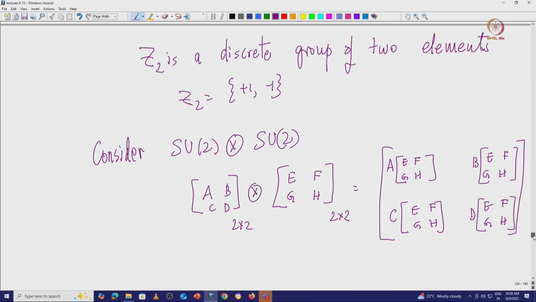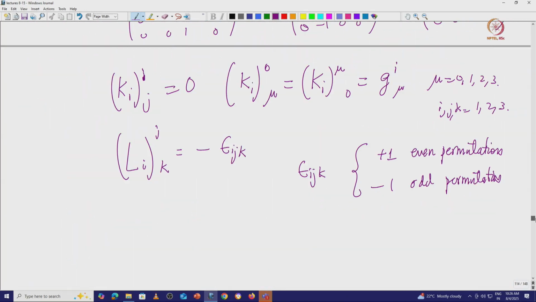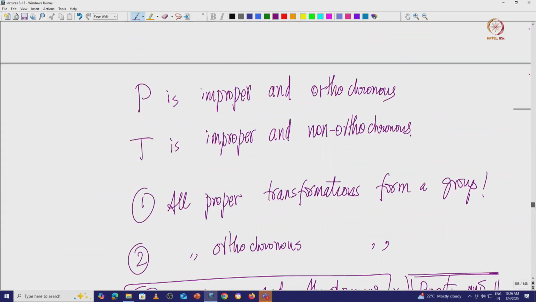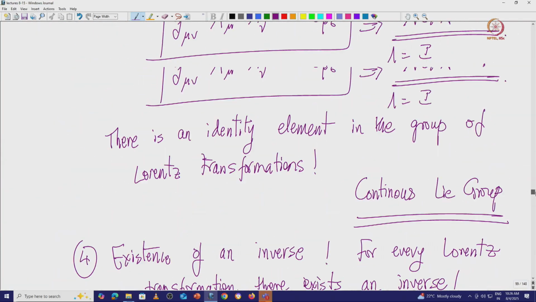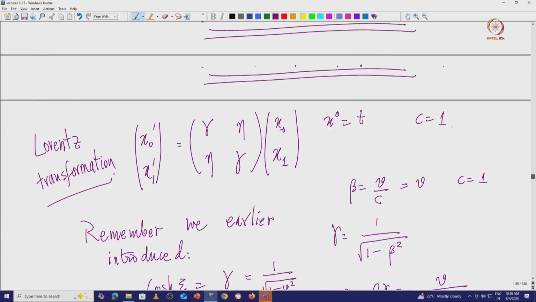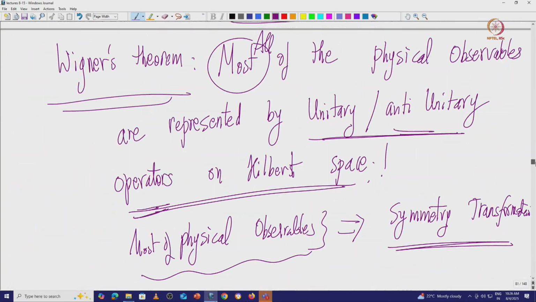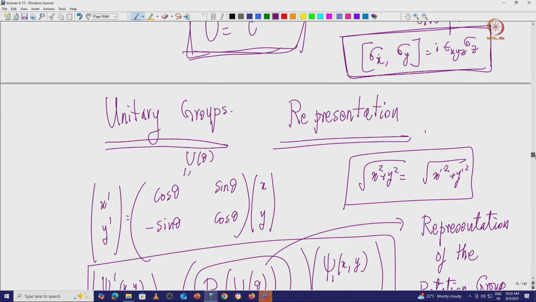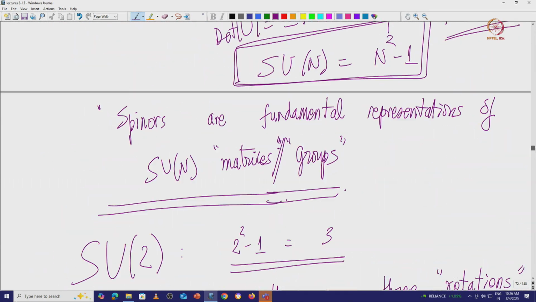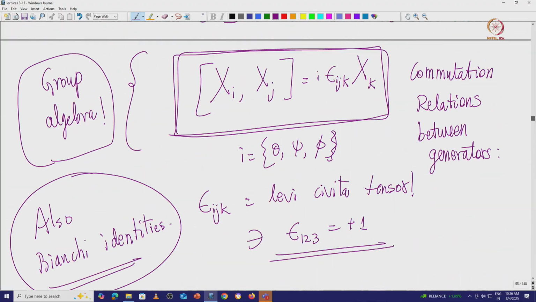I think there is a simpler way of looking at it. I introduced it a long time ago when I introduced psi itself. If you write psi 1, psi 2, psi 3, psi 4, I mentioned that the sum of squares is not Lorentz invariant.